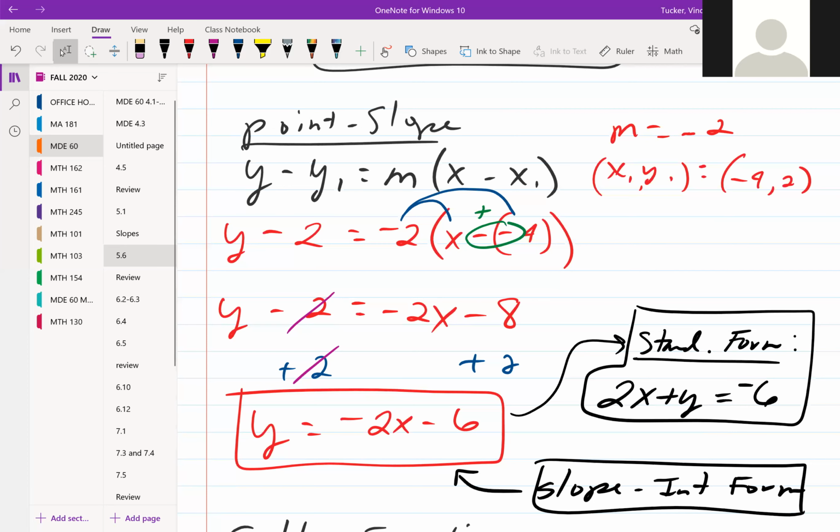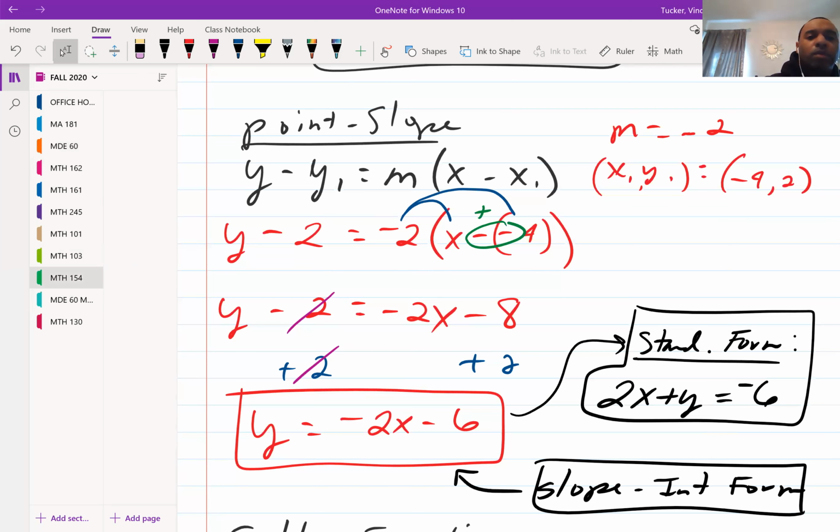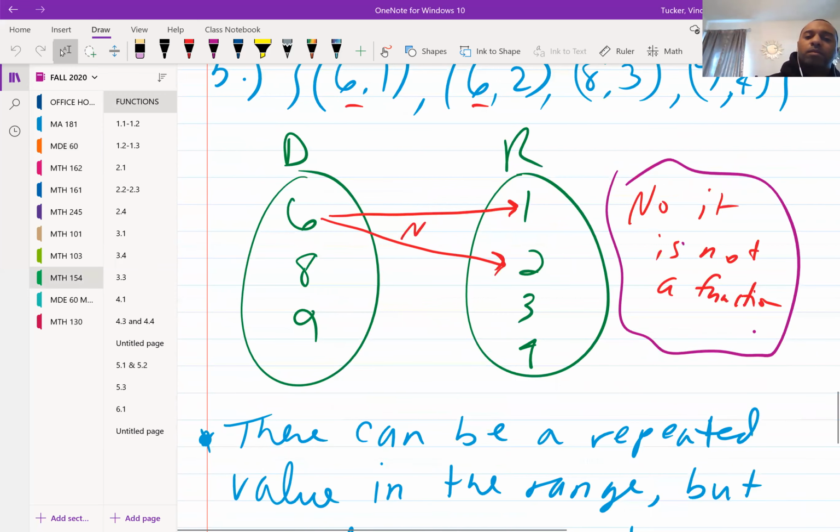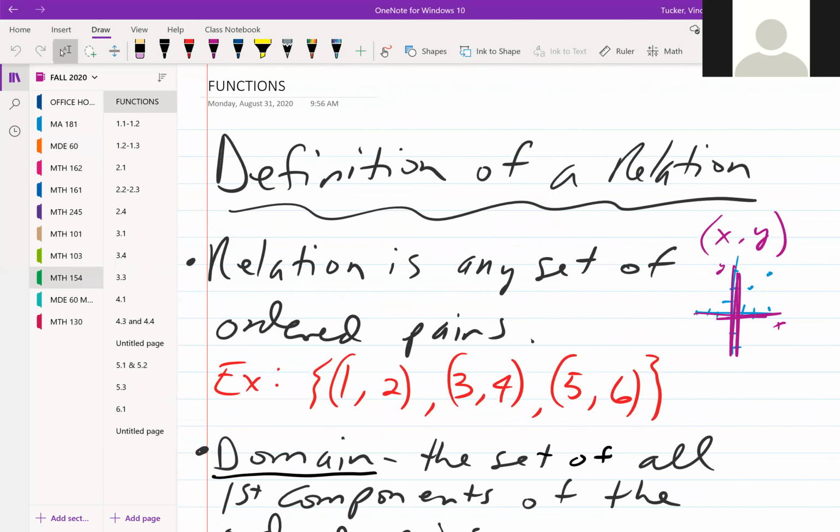We can at least start functions. I had a question on the homework, Professor. Would we be able to go over that? Yeah, let's start functions and I will do it before we close out.